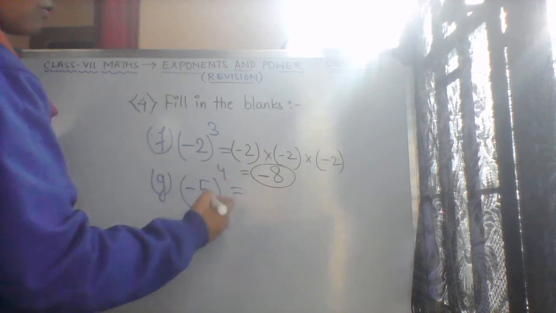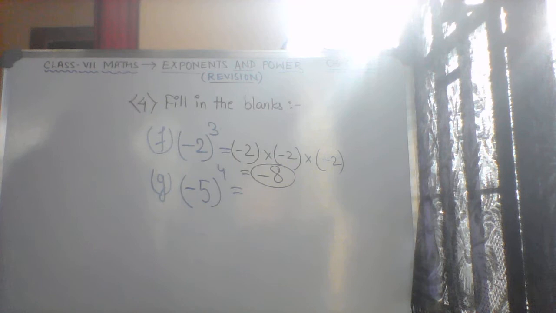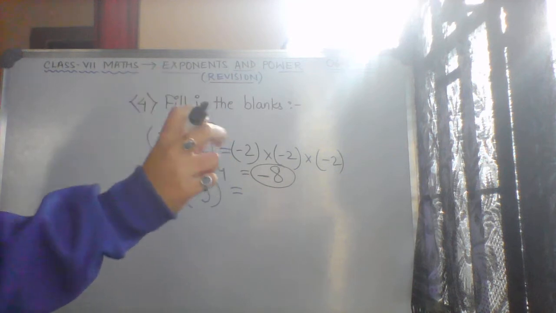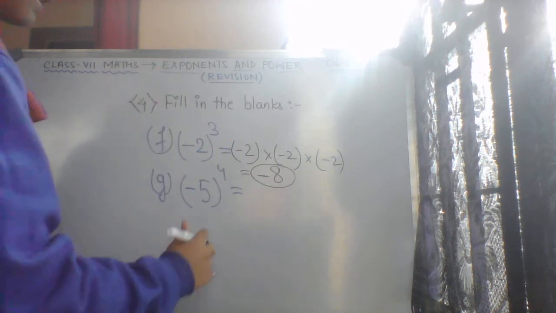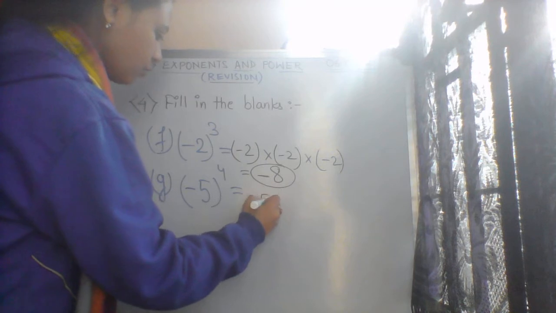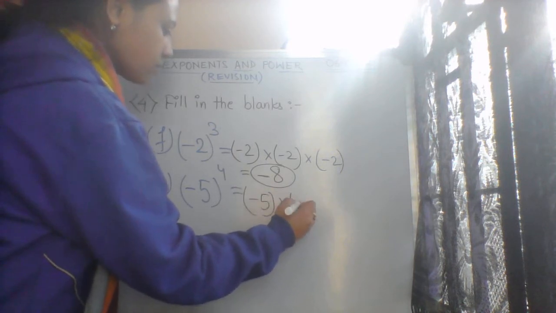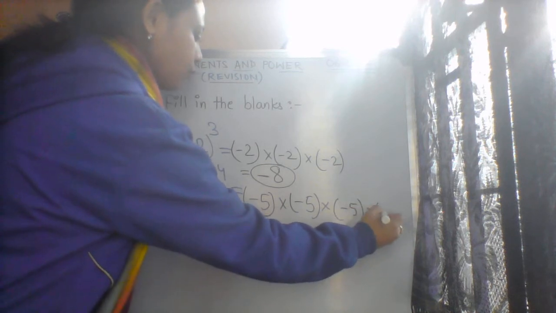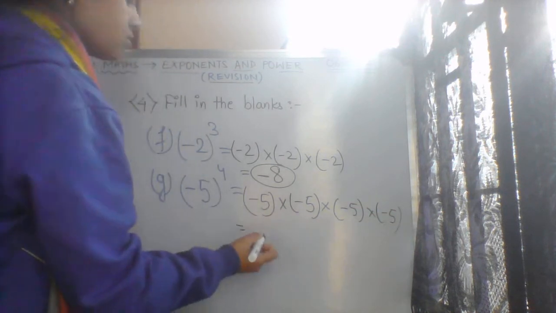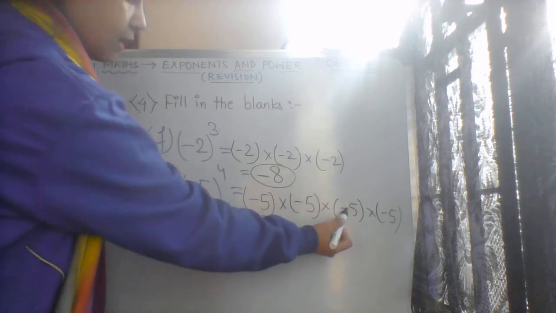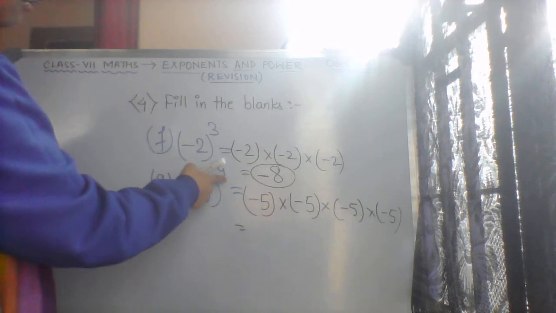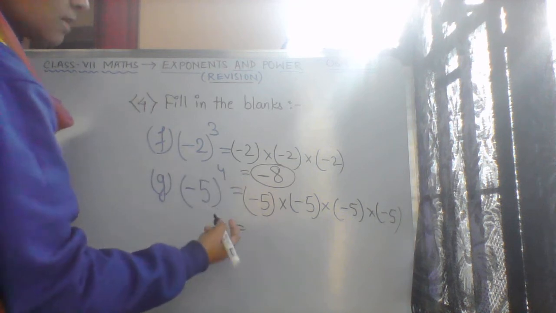Minus 5 to the power 4 means minus 5 is getting multiplied 4 times. So minus minus plus, plus minus minus, minus minus plus. Finally you see, an even number of times, we are getting plus only.